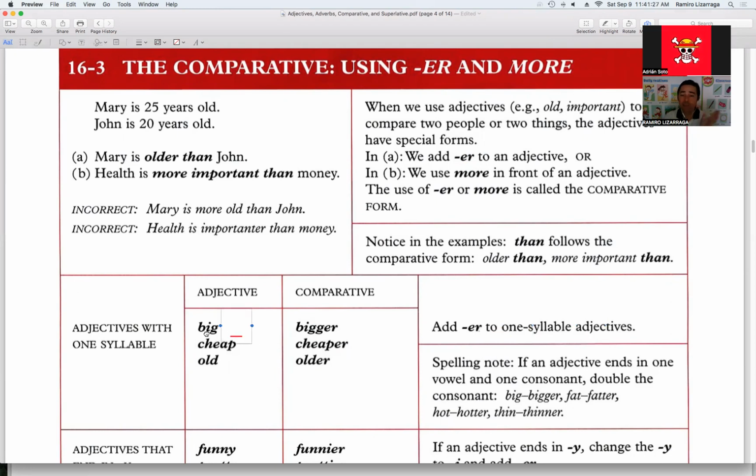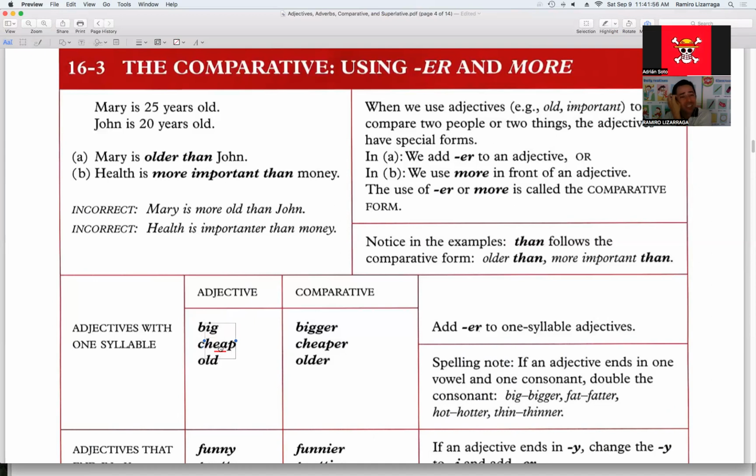For example, what is one syllable? When we read the word, some words have one syllable, two syllables, four, five syllables. In this case, if we read aloud, big, it's one syllable. Cheap, one syllable. Old, one syllable.